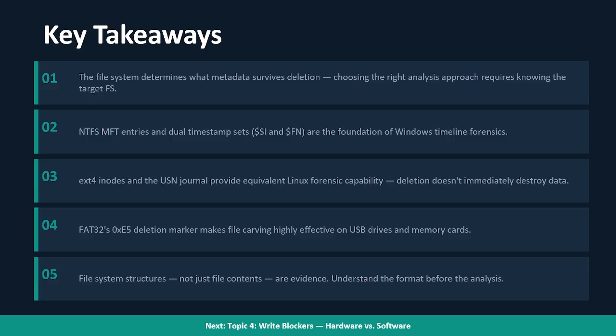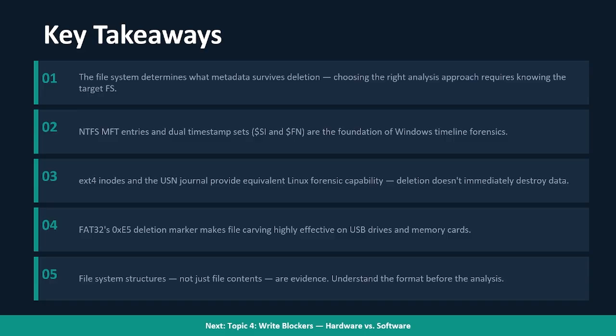Choosing the right analysis approach requires knowing the targeted file system. So whether journaling is enabled, whether it's a Linux system, or whether it was Microsoft and you needed to look through other specific attributes, it just determines what approach you end up taking.